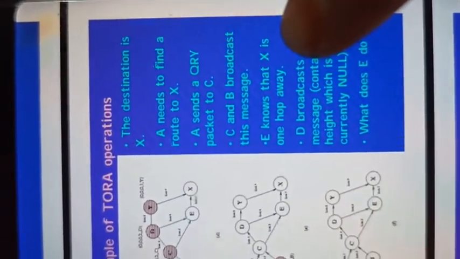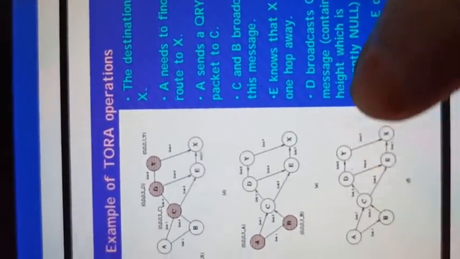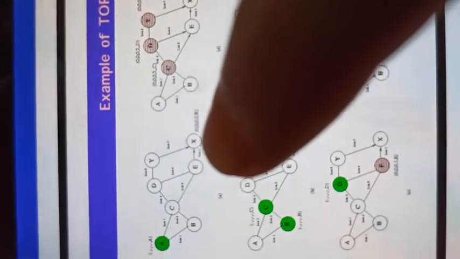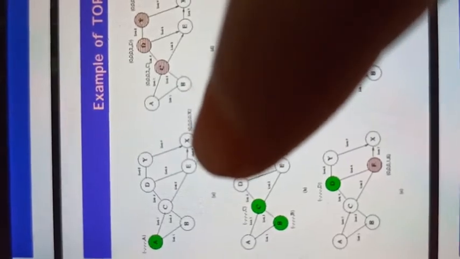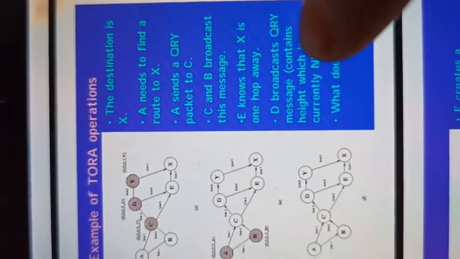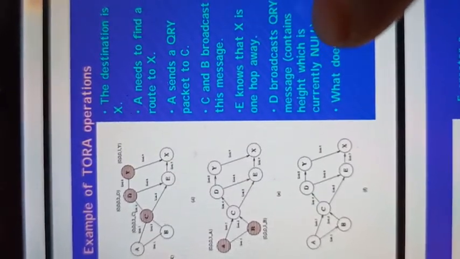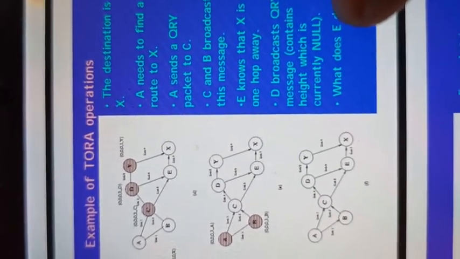E knows that X, the destination, is only one hop away. D broadcasts a query message that contains a height which is currently null.